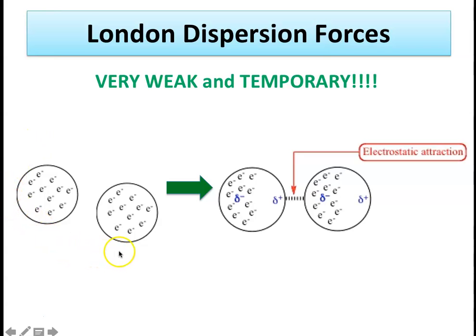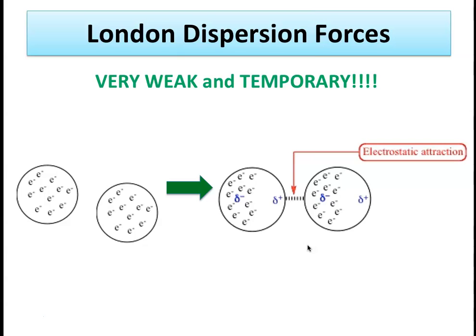But at any given moment, all the electrons could be on one side of the molecule, making this left-hand side a partial negative and this right-hand side a partial positive. Well, if two atoms happen to be doing that at the same time and they get near each other, there's an attraction that can occur between the partial positive of one and the partial negative of the other.